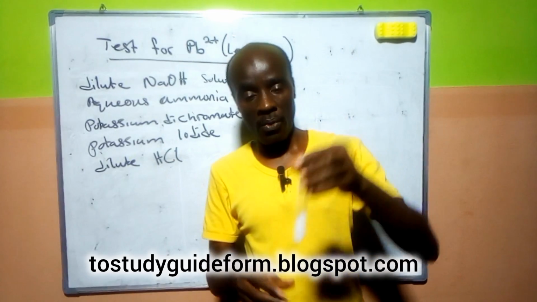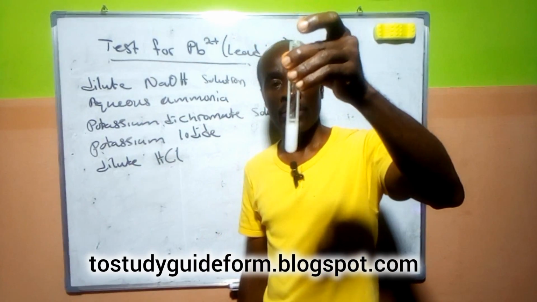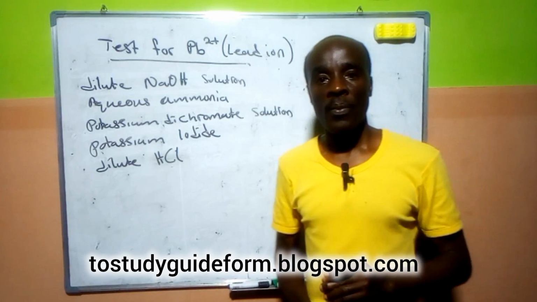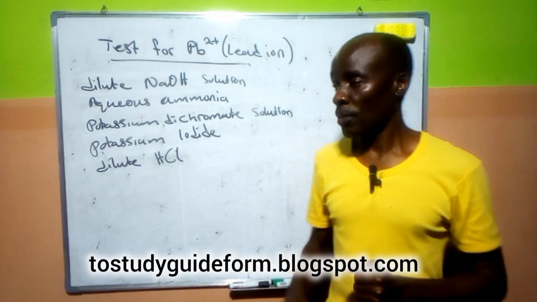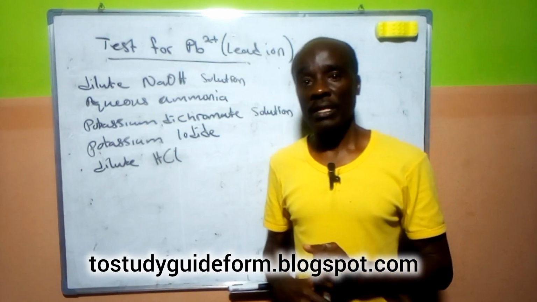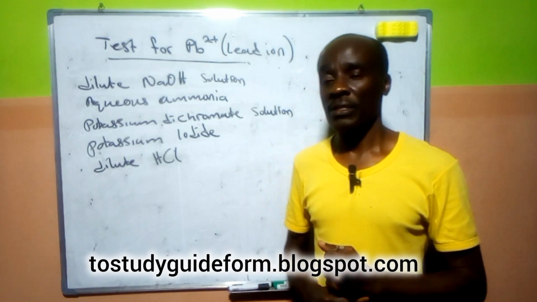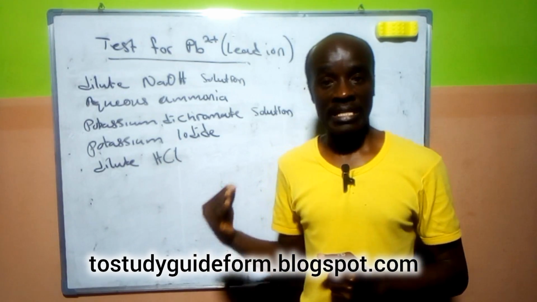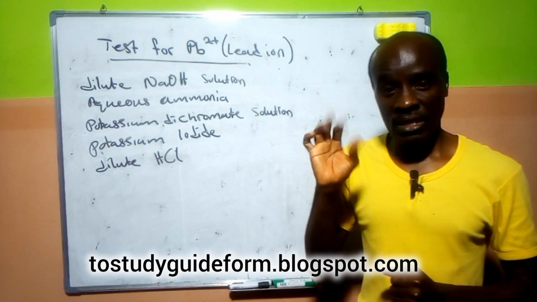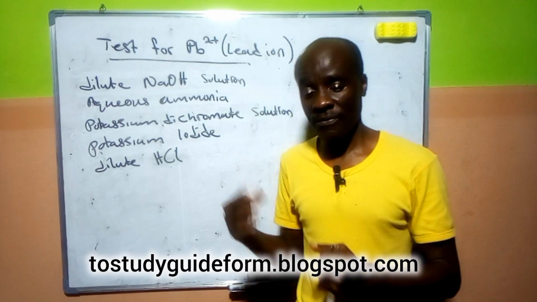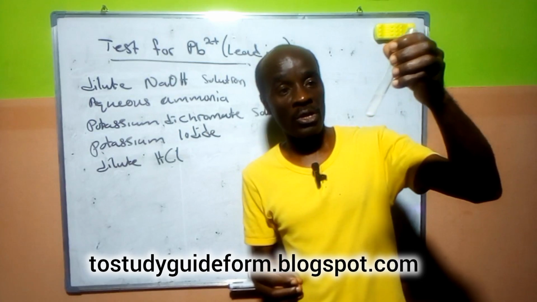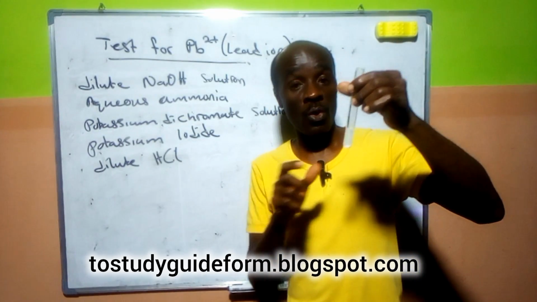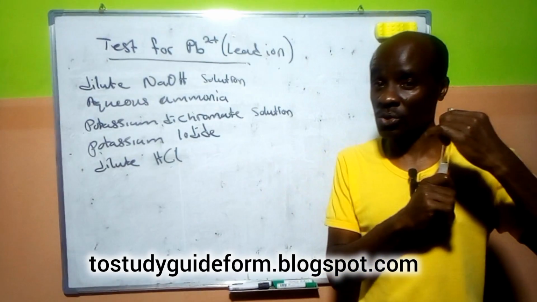That means it's insoluble, which means we have some ion that can do this. Lead ion can do it, like I told you earlier, and then aluminium will give us gelatinous precipitate. Because we don't have gelatinous precipitate here, aluminium is not likely to be here. And then zinc is always soluble, so zinc is also not here.